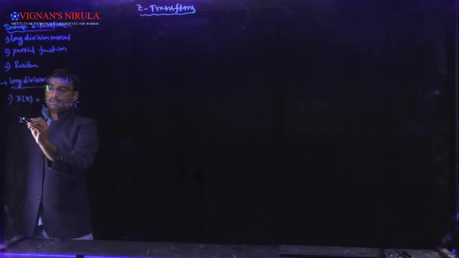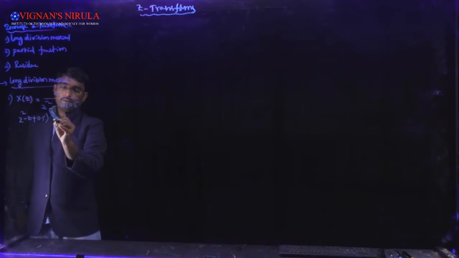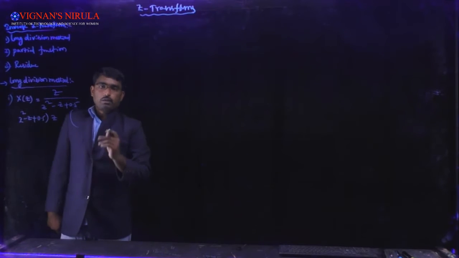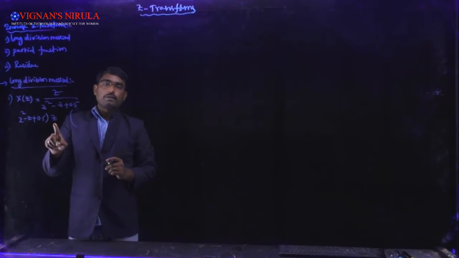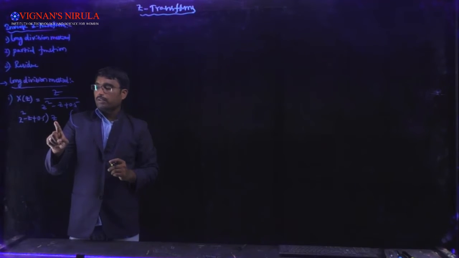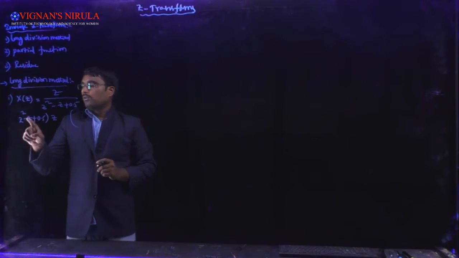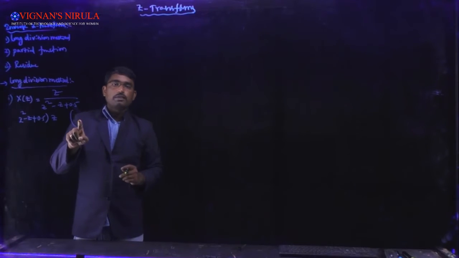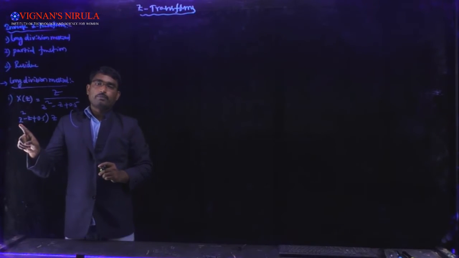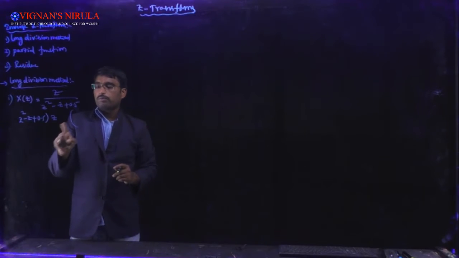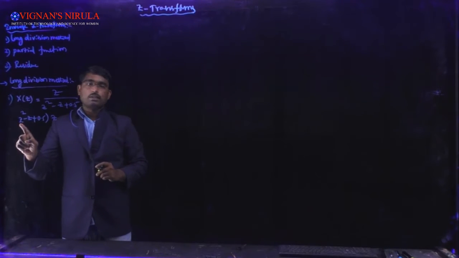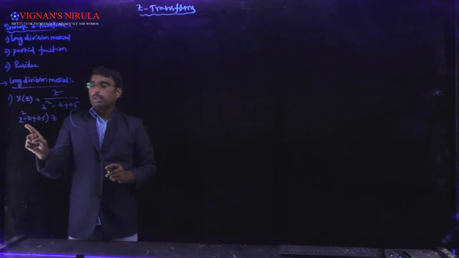Now start division: z square minus z plus 0.5, divided into z. Here our target is, in each and every division, this term should be cancelled. In order to cancel out this term, with which term do we need to multiply this first term, z square?